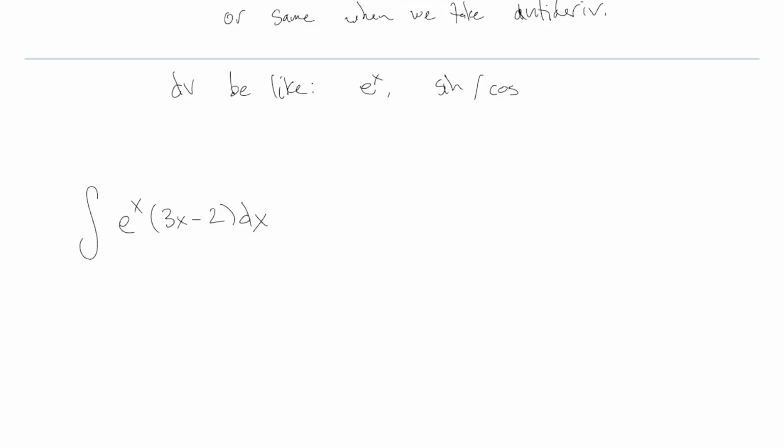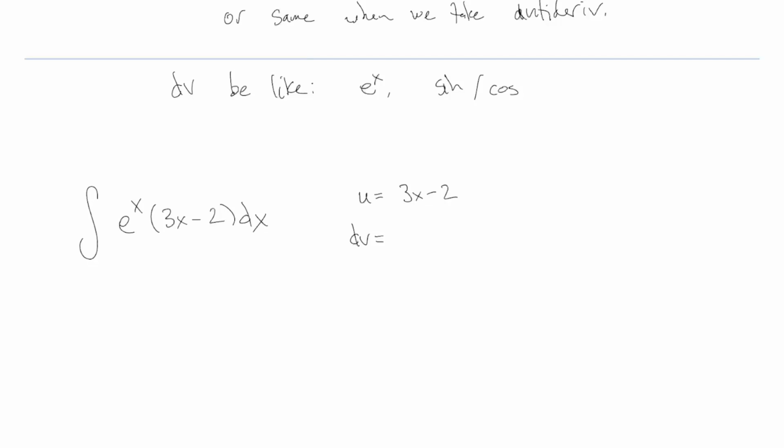And the two parts apparently are e to the x and 3x minus 2. Those are my two things which are being multiplied, and we have to decide which one to make the u, which one to make the dv. Anybody want to say, in the spirit of my recommended choices up there, what do you think for the u? 3x minus 2. Yeah, let's take 3x minus 2 for the u part.